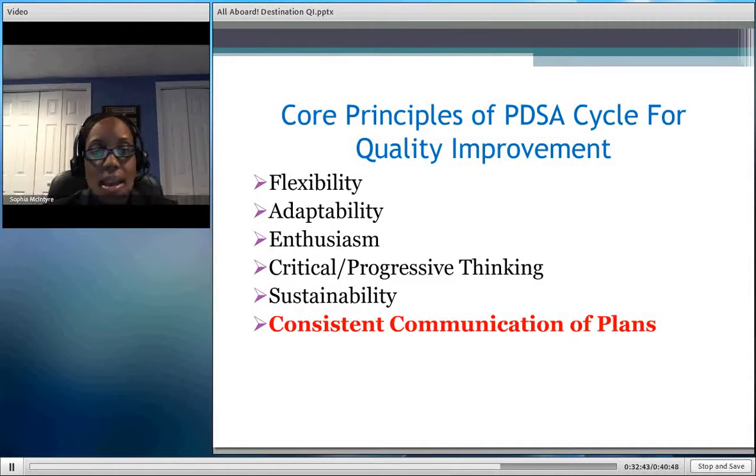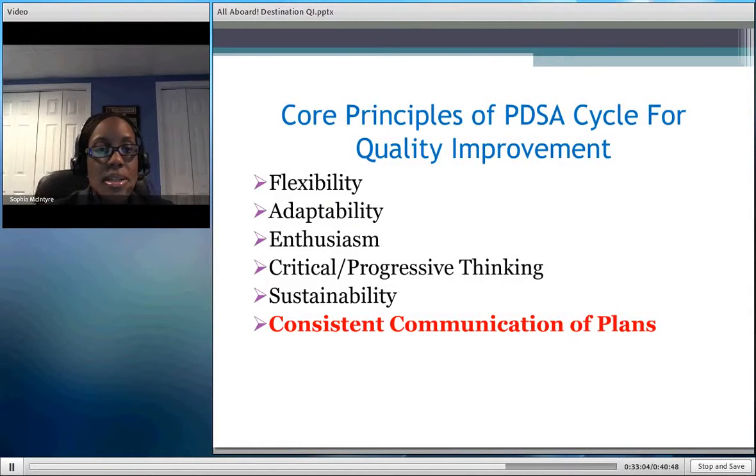Now, as you look at your PDSA cycle, you should also be looking at your sustainability. How can I sustain what I'm doing well? And I have in red the consistent communication of plans. This is critical because often there are many assumptions that we make when we're providing care. And this assumption may be made with not only our patients, but also our team members.